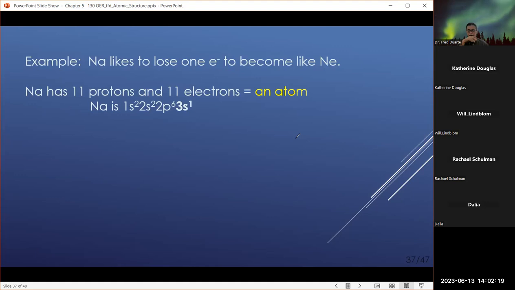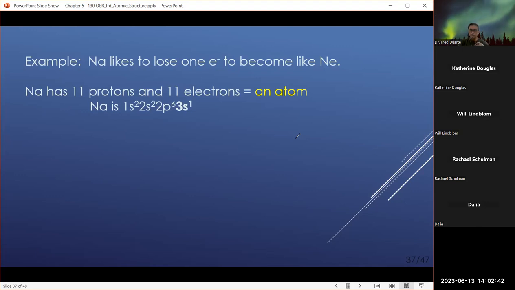It would be very difficult, so it just wants to give it up. And that's what happens with all metals. Put this in long-term memory: all metals want to lose electrons, whereas all non-metals want to gain electrons.